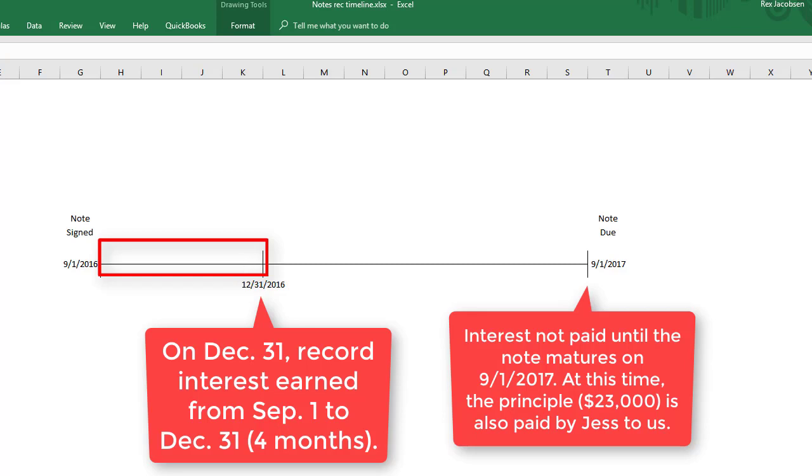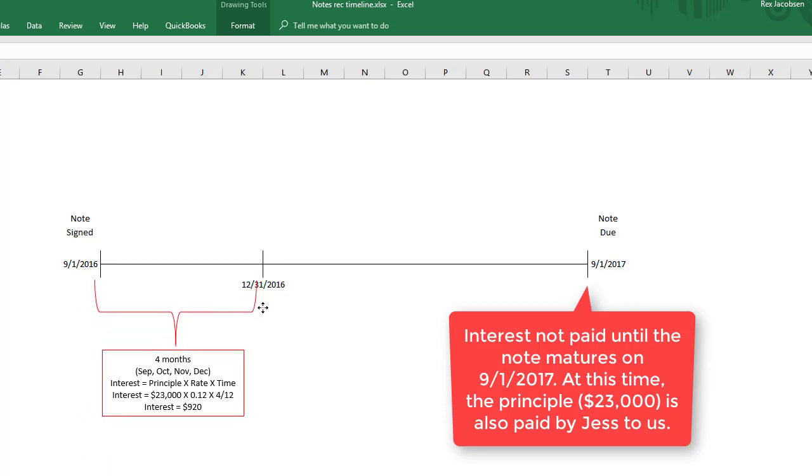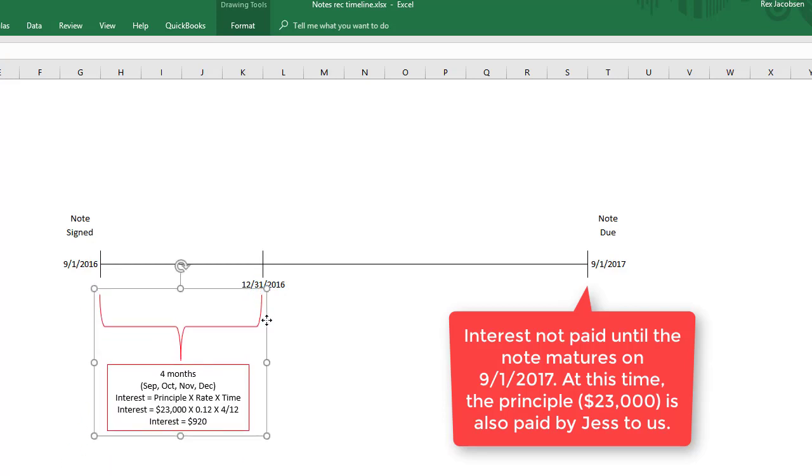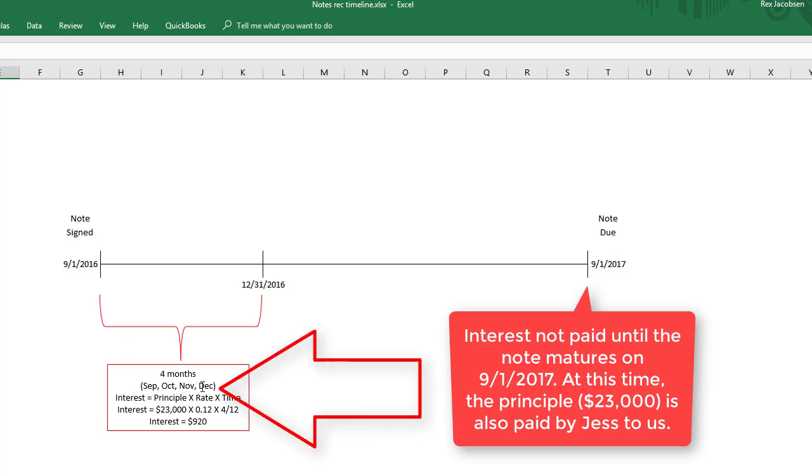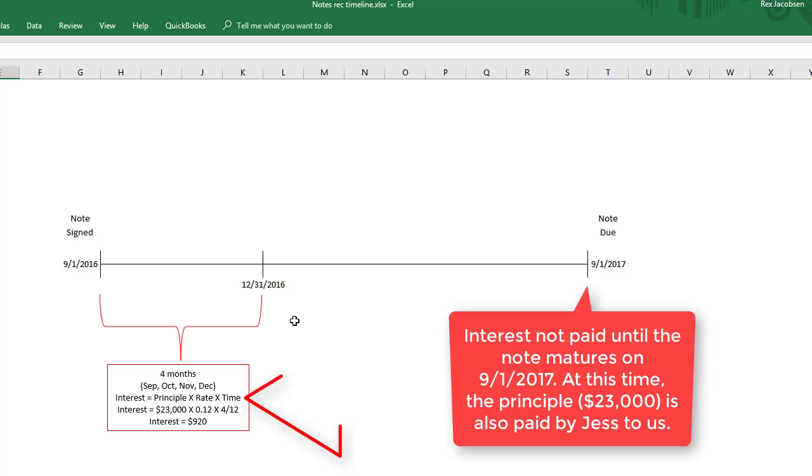So how much interest have we earned? Well, I did this little thing to help you out. How many months are from September 1st to the end of the year? Well, that's September, October, November, December. So that's 4 months. And then what is the formula for simple interest?